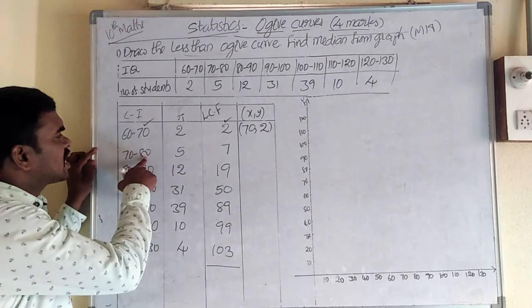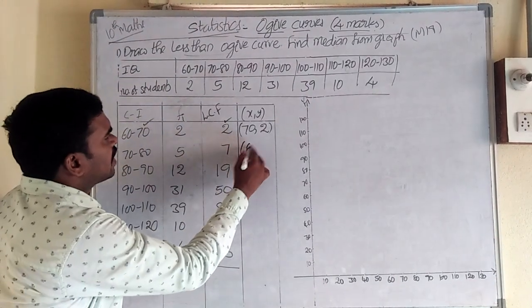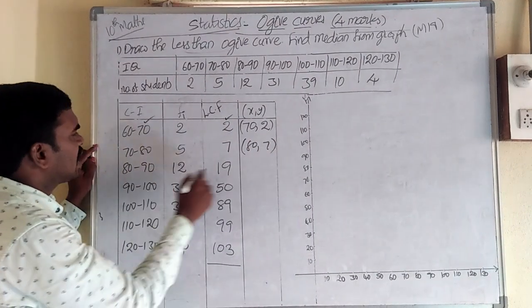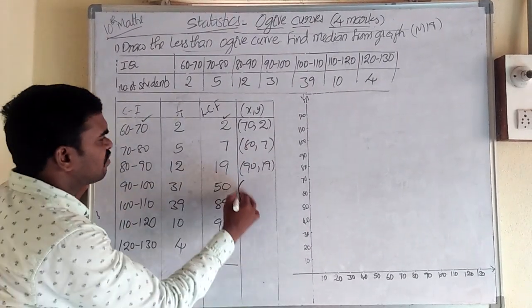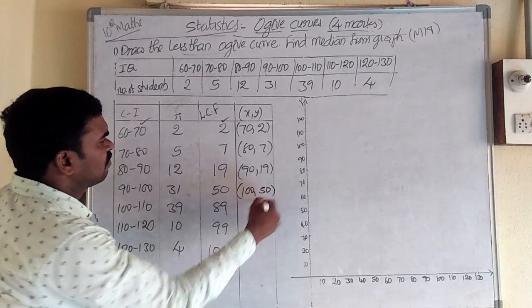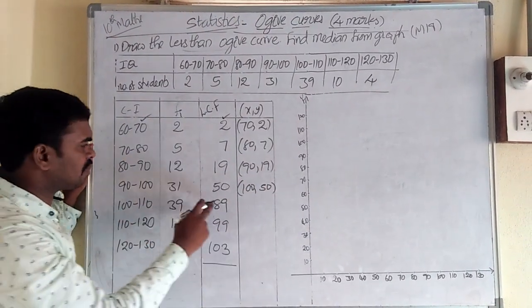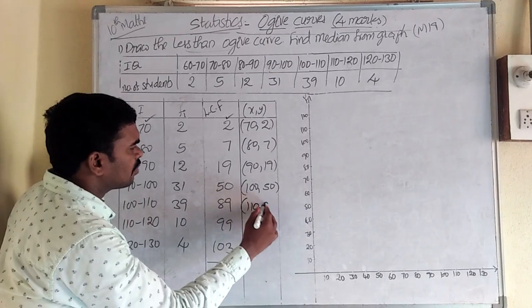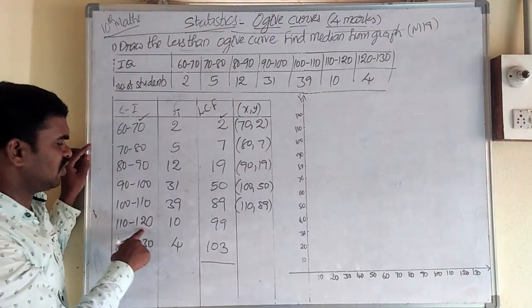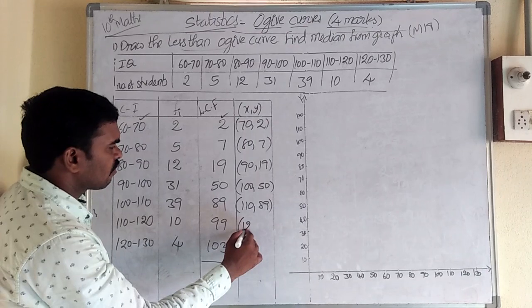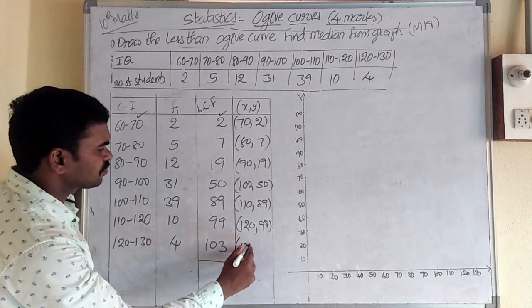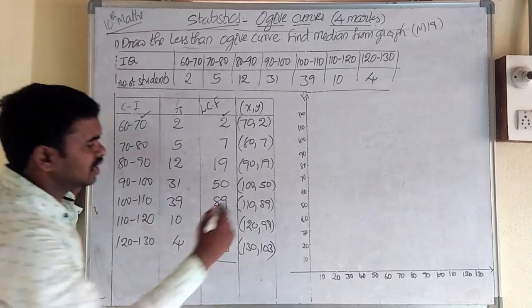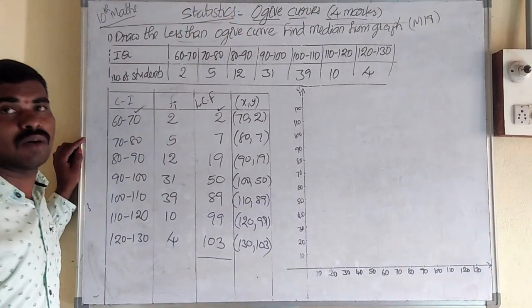Next 80 comma 7, next 90 comma 19, next 100 comma 50, next 110 comma 89, next 120 comma 99, next 130 comma 103. So these are the points.